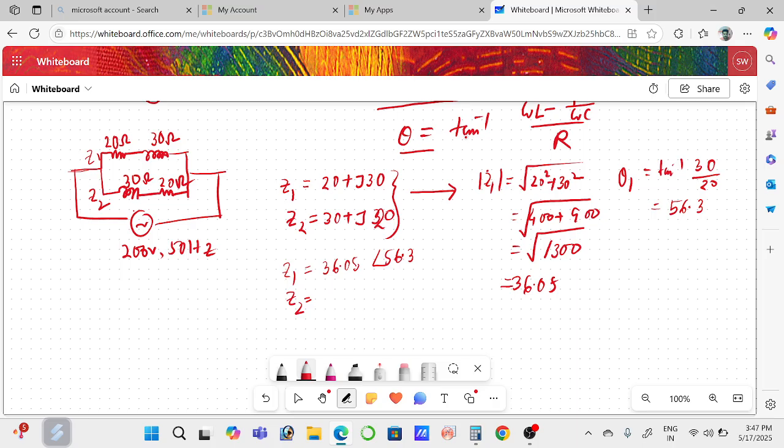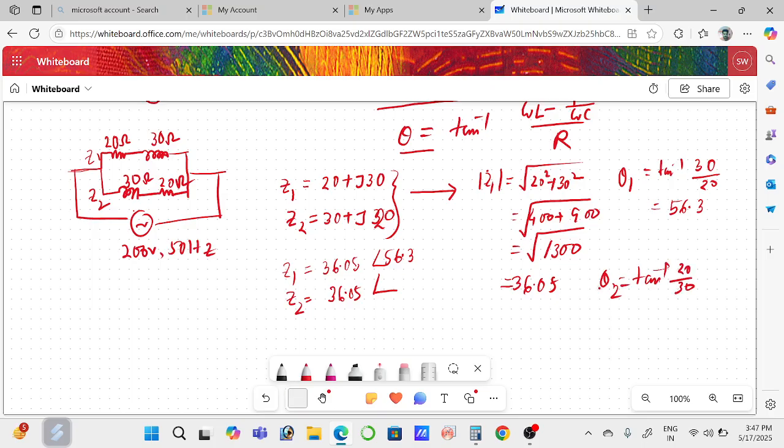Okay. Similarly for Z2 here, Z2 is simply again 30 square plus 20 square. So again, it's around 36.05. And here we need to calculate theta 2, which is simply tan inverse of 20 by 30.